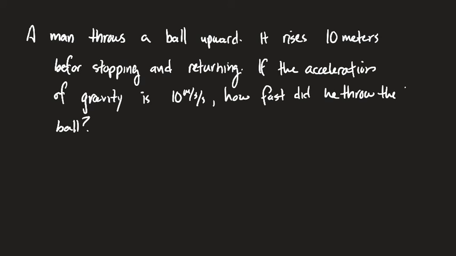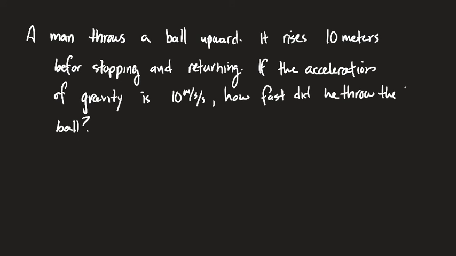this is a typical level 1, simple as it can be, motion problem. All motion problems are going to give you 3 of the pieces of information and ask for a 4th or a 5th. They're all there. So, a man throws the ball upward, it rises 10 meters before stopping and returning.